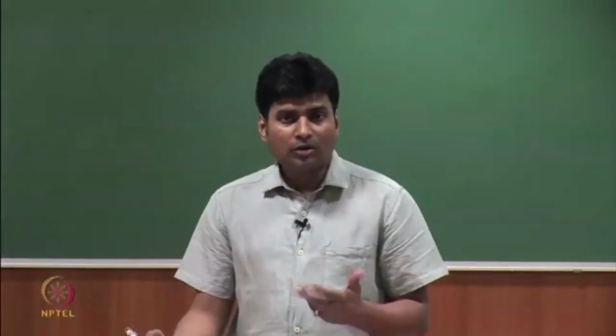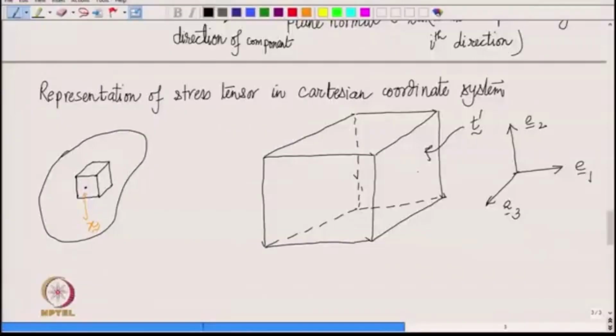The component along E1, so that is going to be denoted by sigma 1 1, right. From our matrix we know it is sigma 1 1.